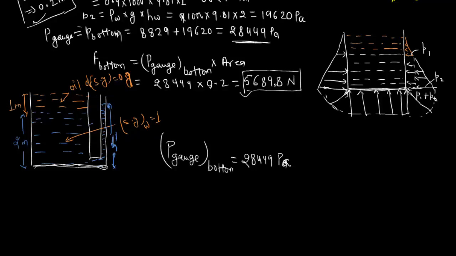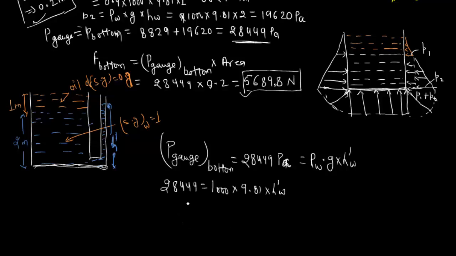So we can say that 28449 pressure will be exerted by rho into g into h dash of water in the tube here, because this pressure intensity is only maintained by this water here. So by this calculation we can write 28449, and the rho of water, we know, is 1000. g is 9.81, and we want to calculate h dash of water.